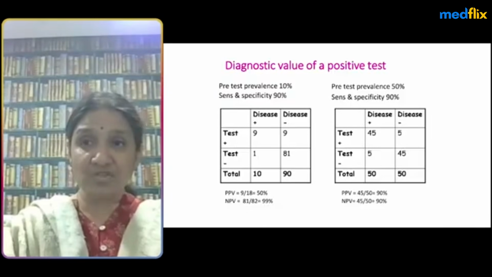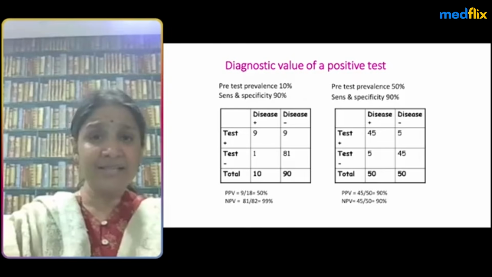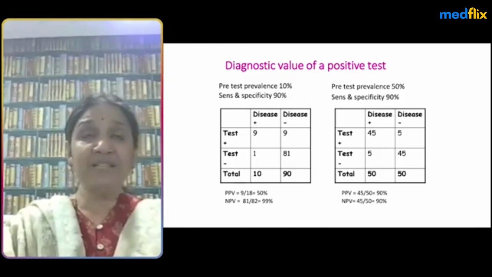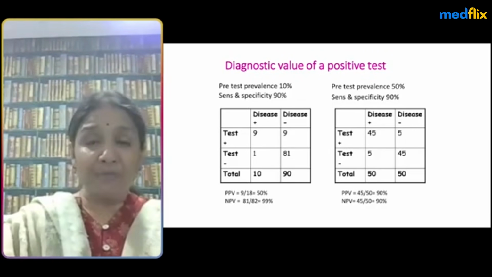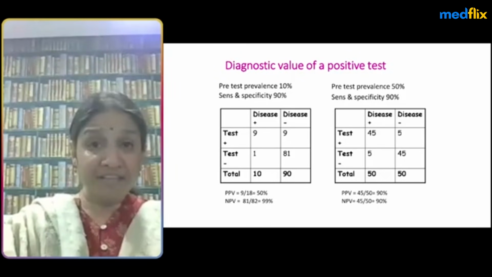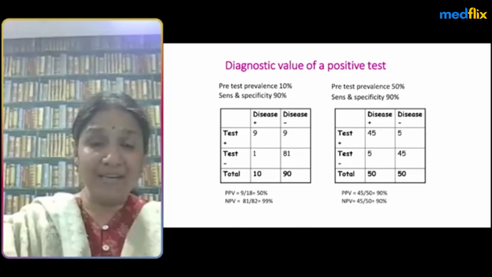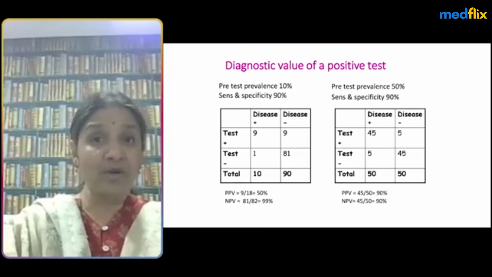And this is just illustrated by this 2 by 2 table. So let us say that we have a disease where the pre-test prevalence is 10%. That means you have a patient with a particular symptom and sign, and the probability of that disease is just 10%. And you have a test which has a sensitivity and specificity of 90%. So normally, a 90% sensitivity and specificity is regarded as a very good test.